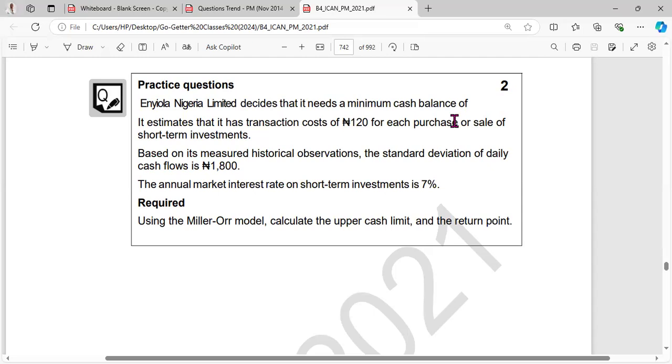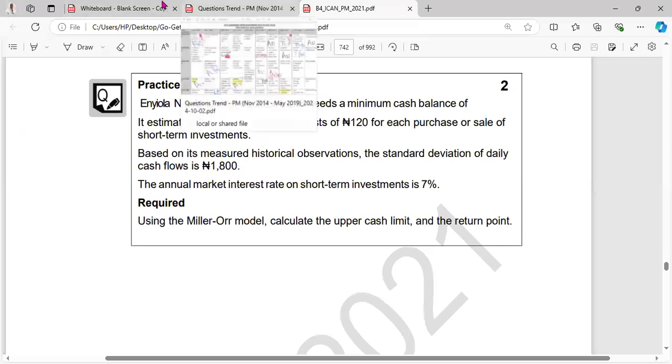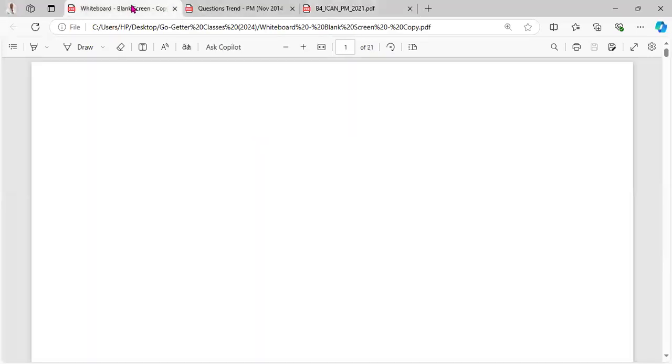We are not given a cash balance, so I believe this is not complete. It estimates that its transaction cost is 120 for each purchase or sale of short-term investment. So what are the parameters?